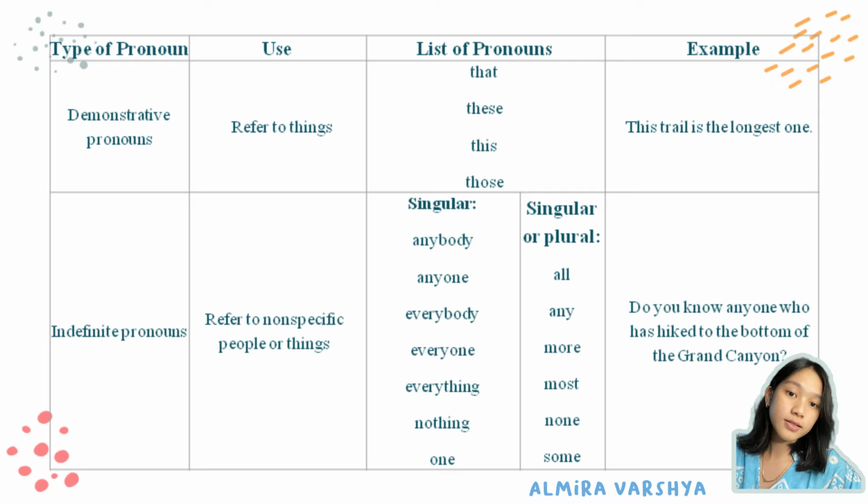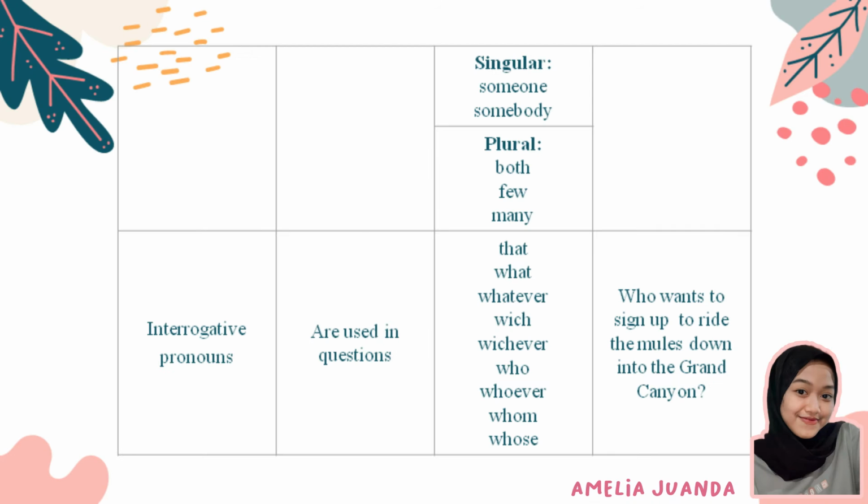The list of the pronouns for the singular is anybody, anyone, and everybody. Singular or plural is all, any, more, most. And for the example: do you know anyone who has hiked to the bottom of the Grand Canyon?